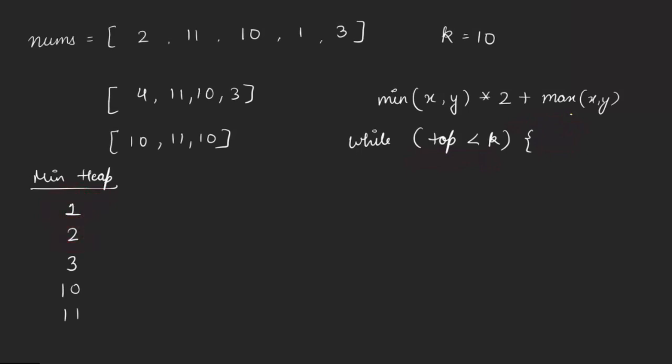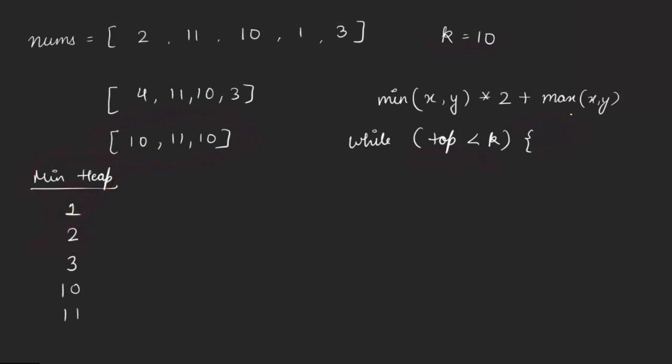Now in the question it is mentioned that the input is generated such that it is always possible to create an array where all the elements are greater than or equal to k after some number of operations, right? So since it is always possible, you do not have to explicitly put a check that the min heap is not empty after popping the top element.